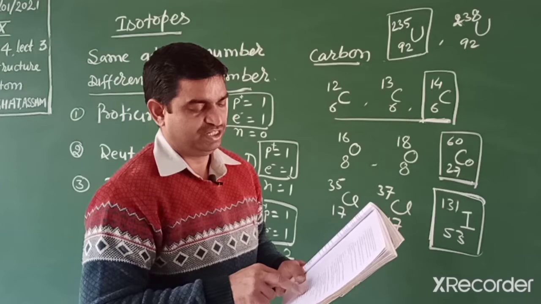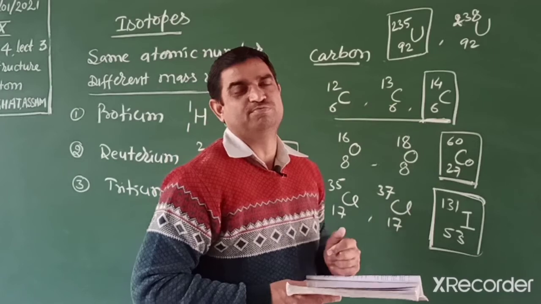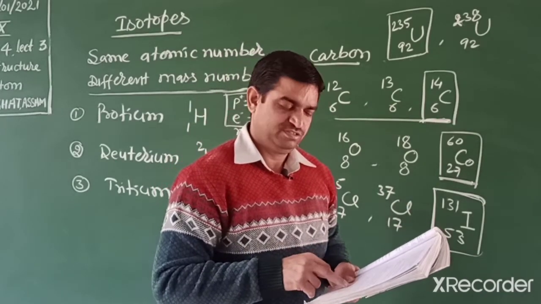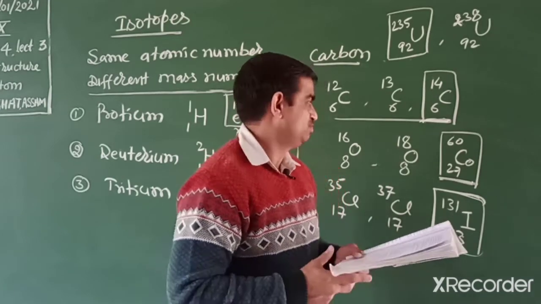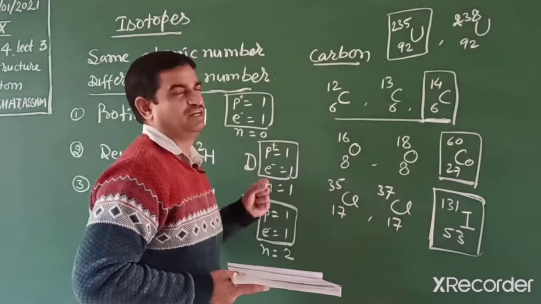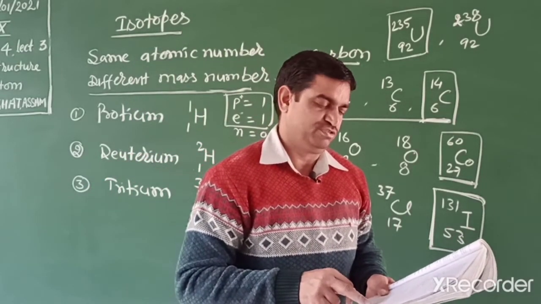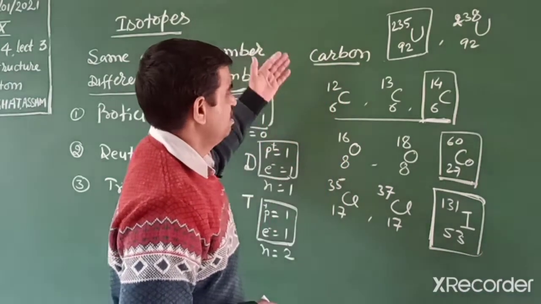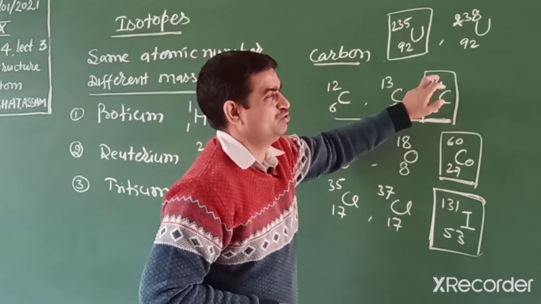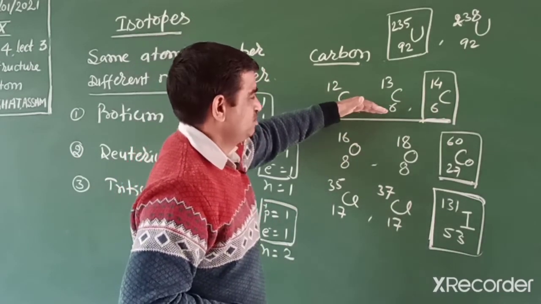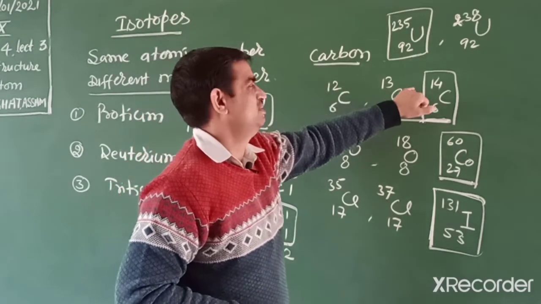First, the same physical property. Isotopes have different physical property, so this option is wrong. Second, different chemical property. This option is also wrong because isotopes have the same chemical property. Third, different number of neutrons. This option is right, because in carbon 6C12, 6C13, 6C14, the similarity is 6 protons and 6 electrons, and only the number of neutrons differs: 6, 7 and 8.